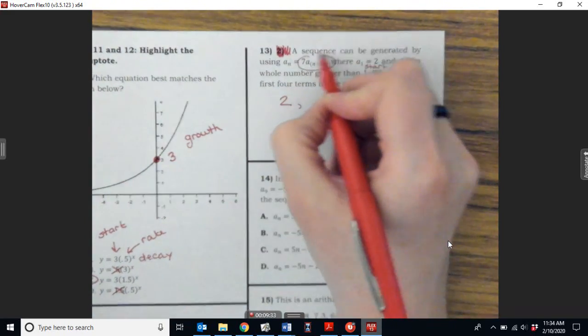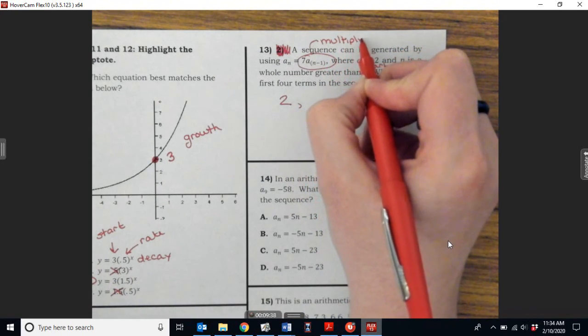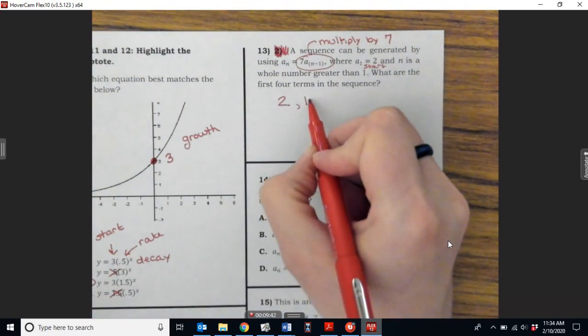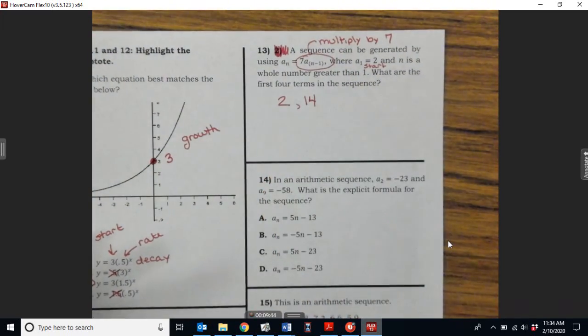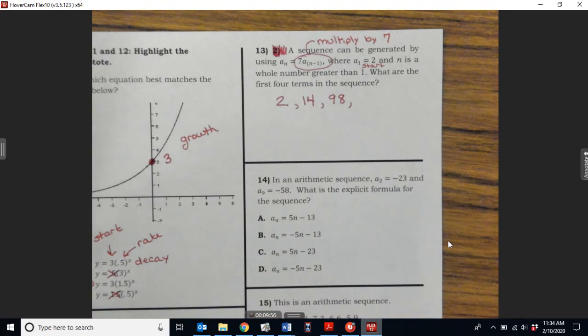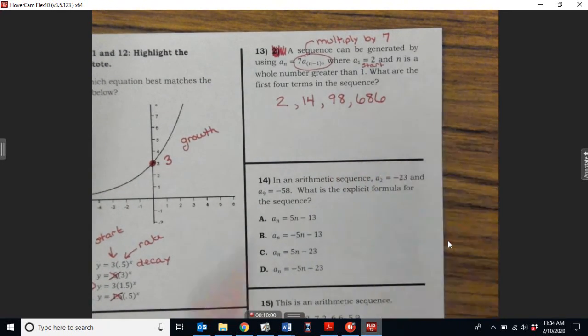And this part right here means we are multiplying by 7 every time. So 2 times 7 is 14. And then 14 times 7 is 98. And then 98 times 7 is 686. So we start with 2 and we're multiplying by 7.